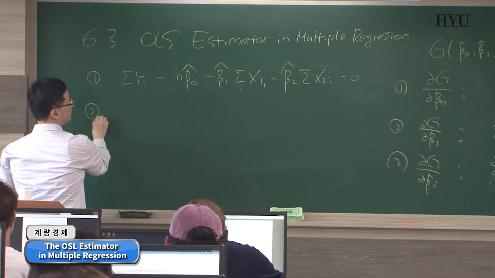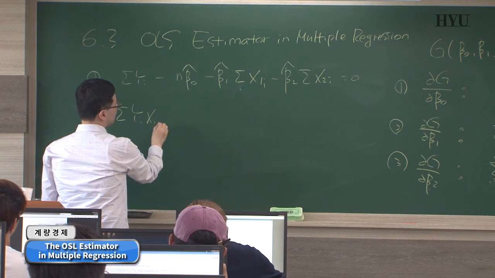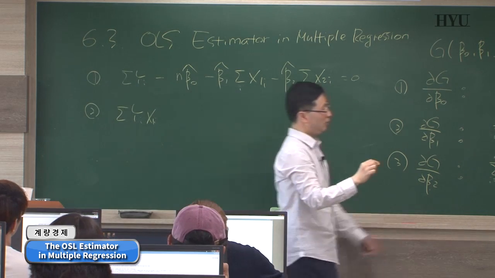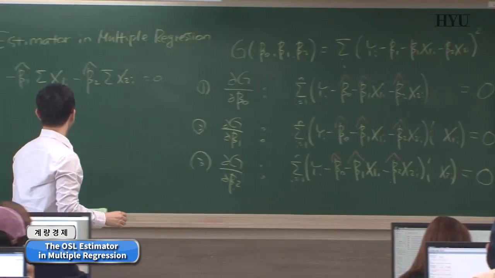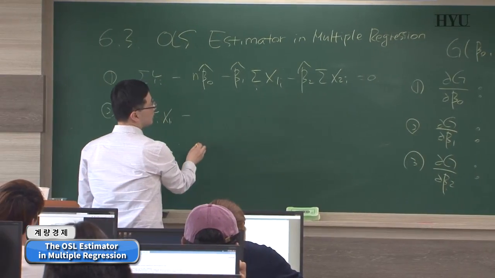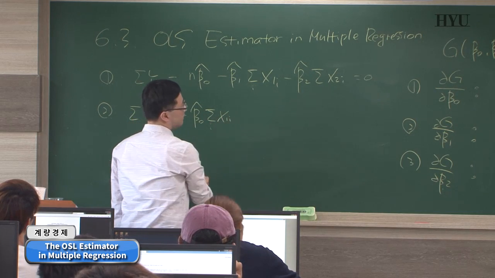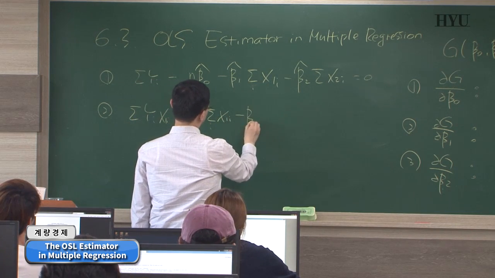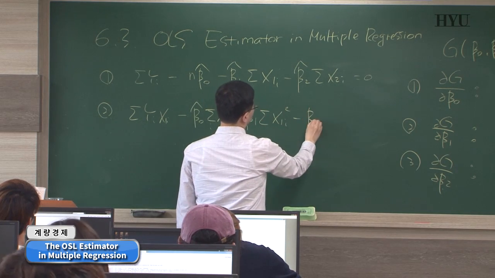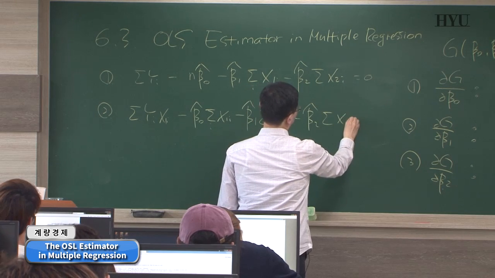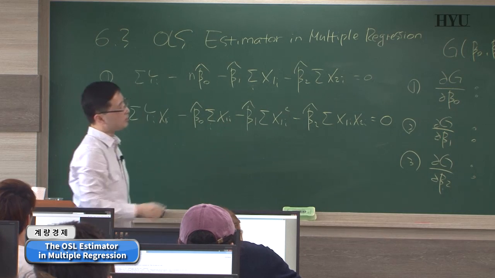My second equation, I have summation of yi and x1i from here. So yi times x1i minus the other terms. That is true, I multiply x1 to everywhere.